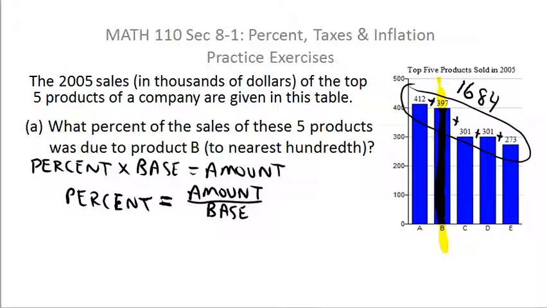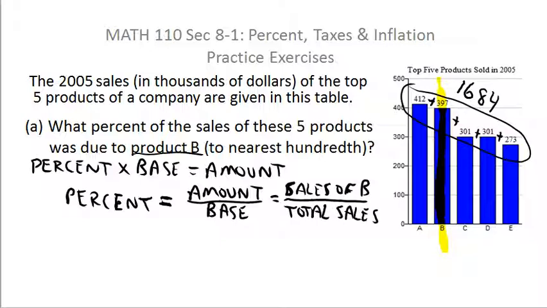So the amount of what? Well, it's the amount of sales due to B over the base. We're comparing product sales of just B to the base, which is the total sales of all 5 products.